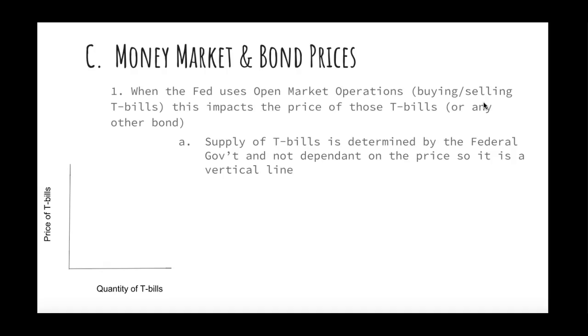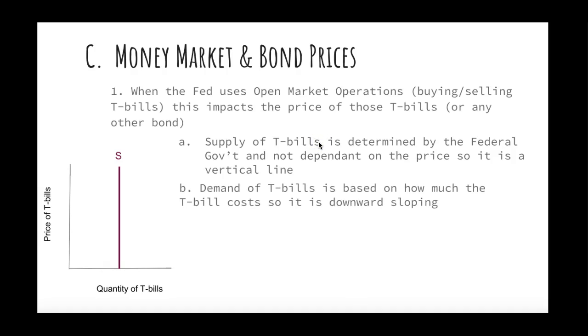The supply of treasury bills is actually a vertical line. It doesn't matter what the price of the treasury bill is. The federal government will say, we're offering this many for sale, right?